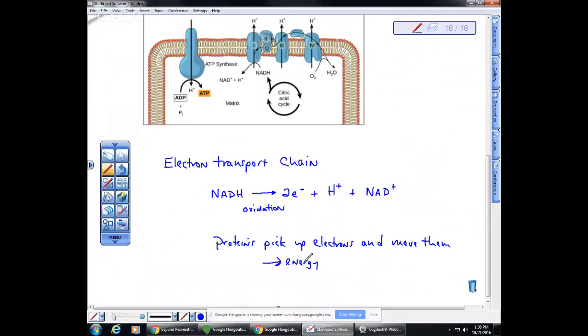So some of this energy is used to pump hydrogen ions. So these hydrogen ions are pumped. Well, maybe not pumped because that implies active transport, but hydrogen ions are moved to a higher concentration outside the matrix.